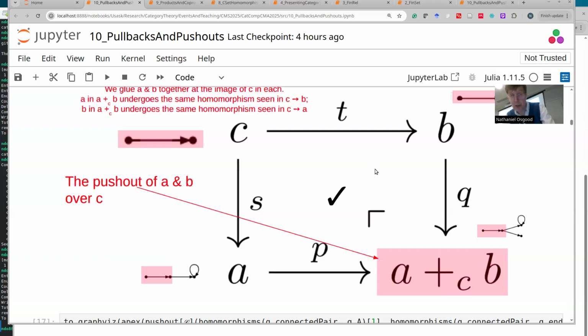We put these two next to each other, but we consider the red areas the same. This is what we get out. This has the structure of this in it. That's why there's a homomorphism here. This has the structure of this in it. There you go. That's why there's a homomorphism here. But these components are identified. That's why it's a pushout around C, not a coproduct around C.